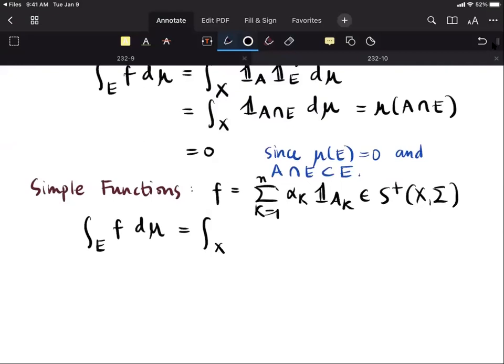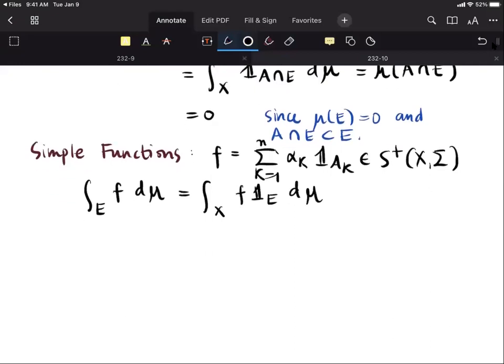First, let us apply the definition of the integral of f times the indicator of E d mu. So this is basically the definition of the integral over a set. And here, the integral of the sum of alpha k times the indicator of A k times the indicator of E d mu.